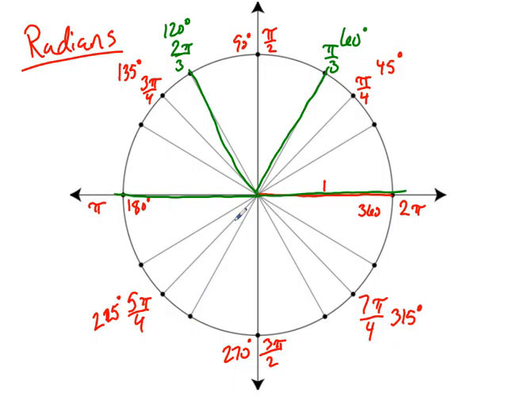So now I go down to 4/3, 4 pi over 3. And that's our radians at 240. Cut my pi into another third, and now instead of 4/3, I'm at 5/3. That's my radians at 300.